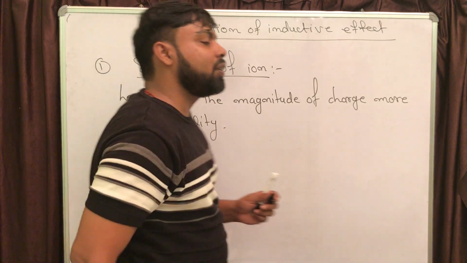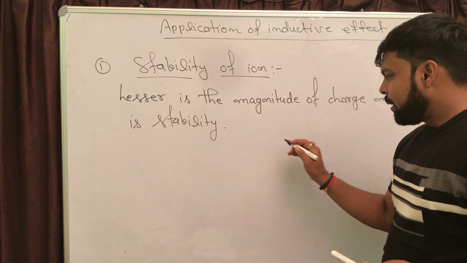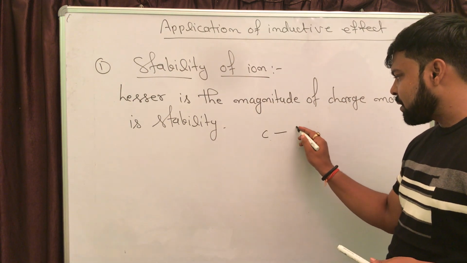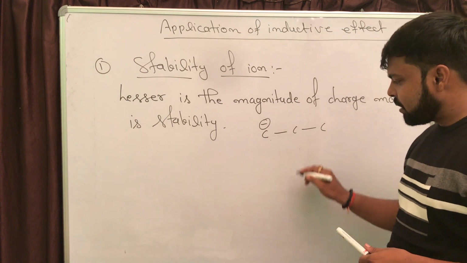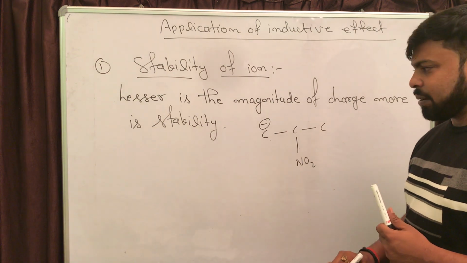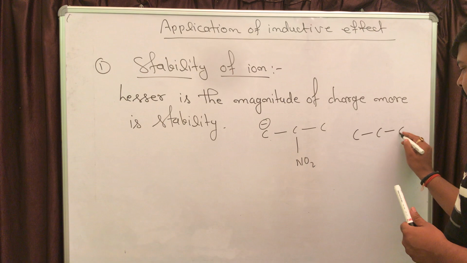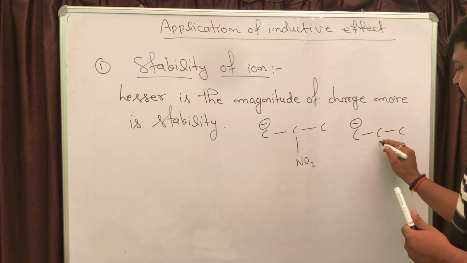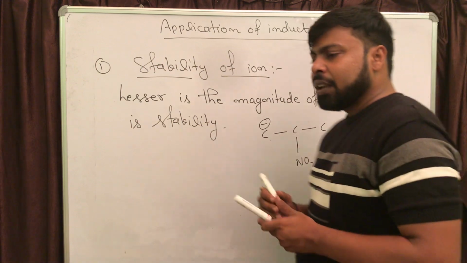Lesser is the magnitude of charge, more is the stability. Let's take an example. Let's say if I have the situation like this, the first carbon is getting some negative charge and one NO2 group is attached at second carbon. And let's take one more example, in that first carbon is getting negative charge and second carbon, let's say it is attached with Cl, right?